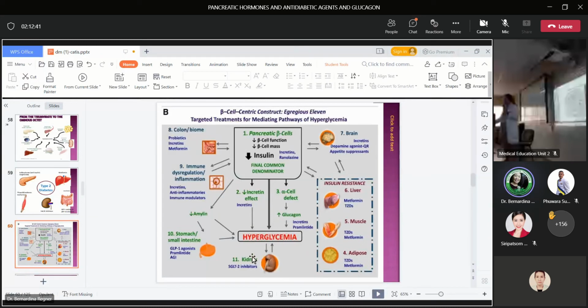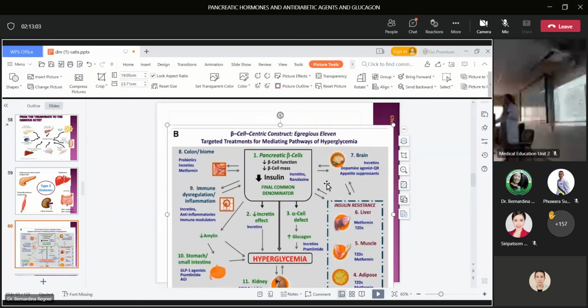Then in the kidneys, you have your SGLT2 inhibitors. In the brain, you have incretins, dopamine agonists, or appetite suppressants, your diet drugs. And then insulin resistance.